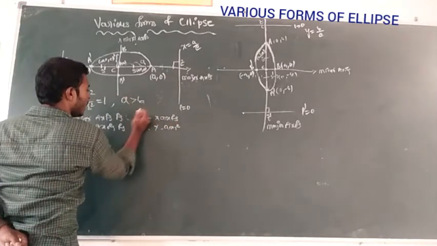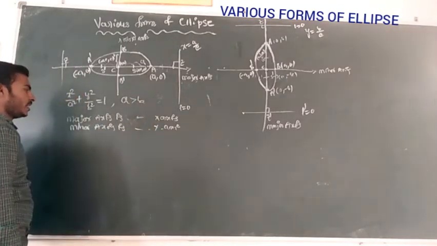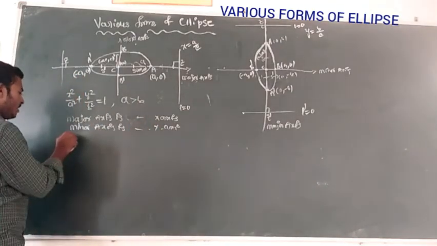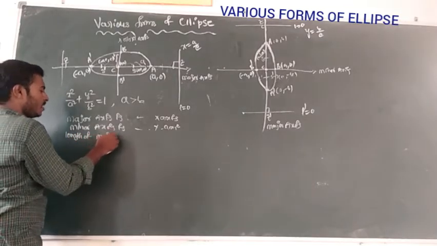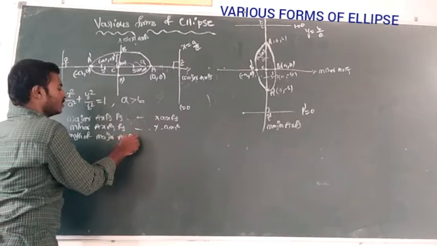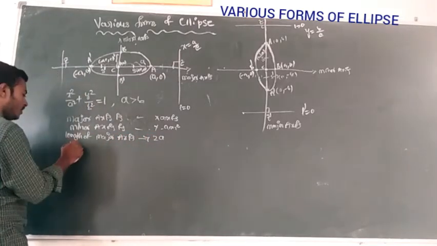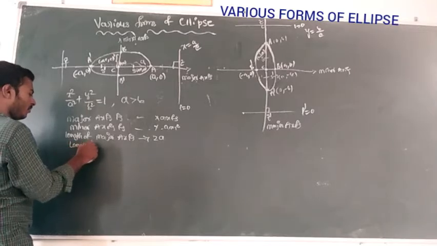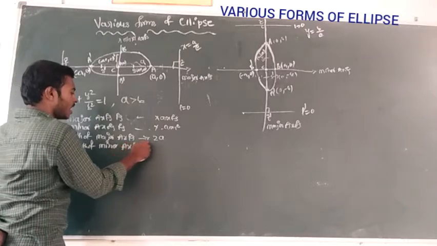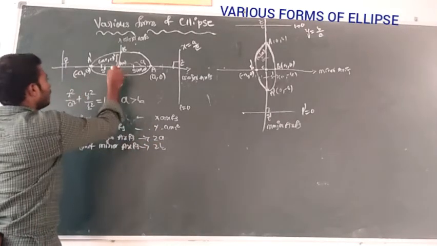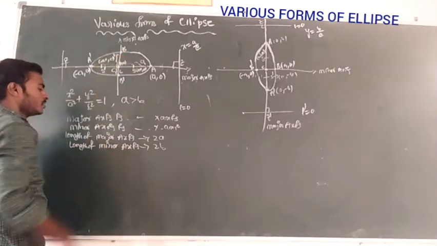Or directly we can say the major axis is the x-axis and the minor axis is the y-axis. The length of the major axis is 2a, and the length of the minor axis is 2b. Why? Because this length is also considered as 2b: a plus a is 2a and b plus b is 2b.